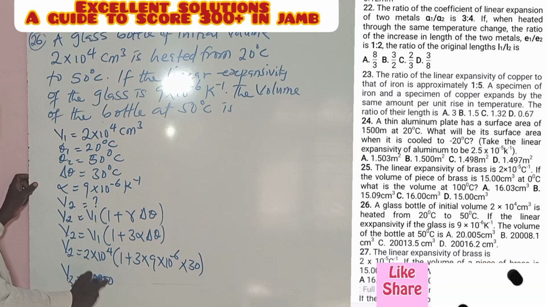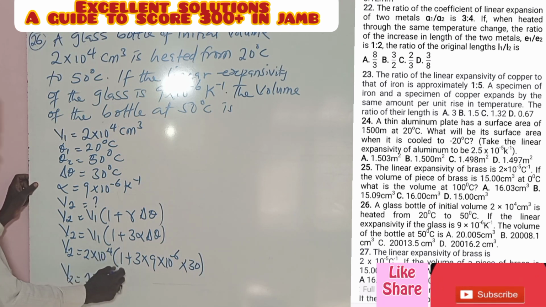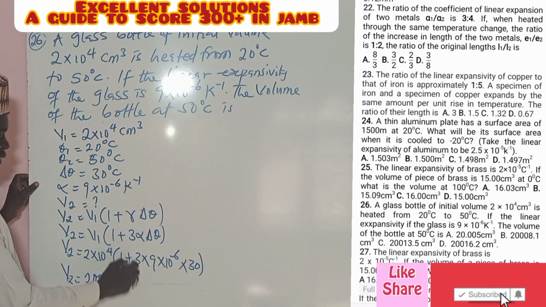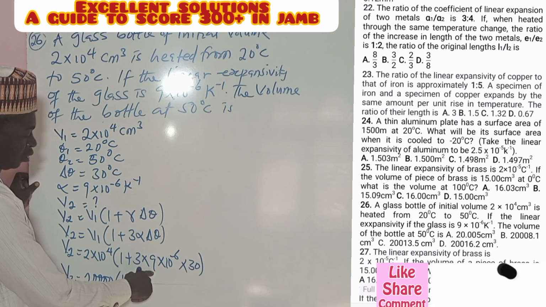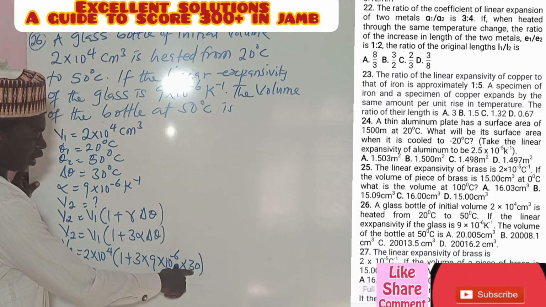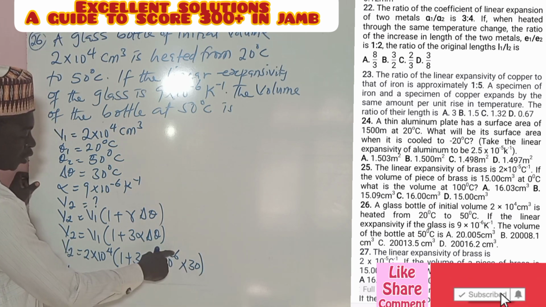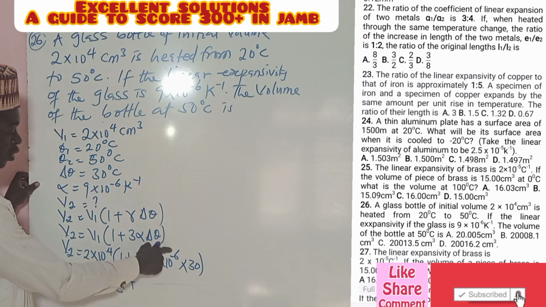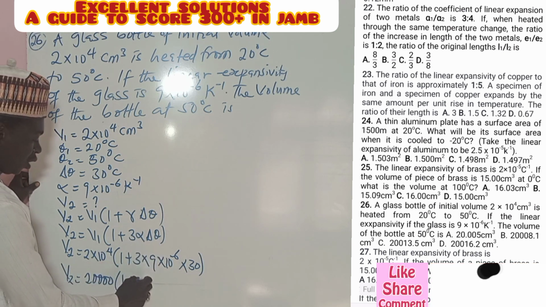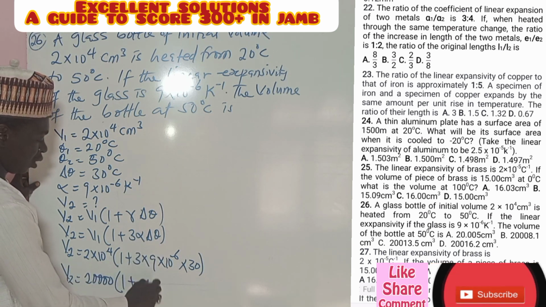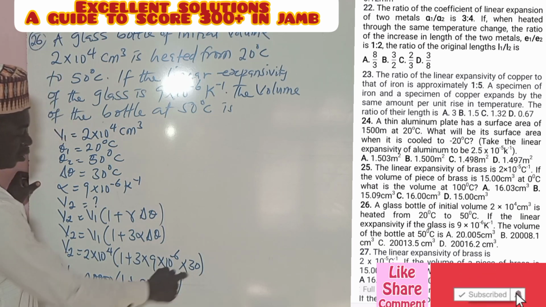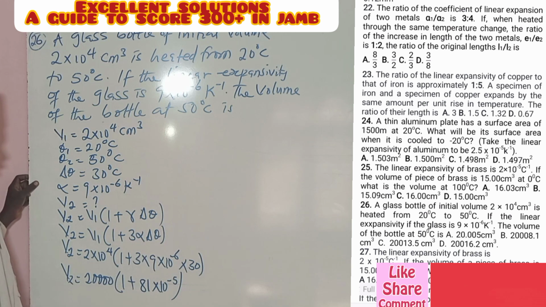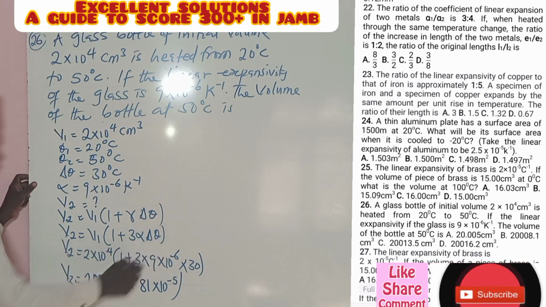You take your point 1, 2, 3, 4. Bracket open 1 plus 3 times 9, we have 27. 27 times this 3, we have 81. So this 0 will go with one of these points. So this gives us 81 exponential minus 5. This 0 goes with 1 point here.